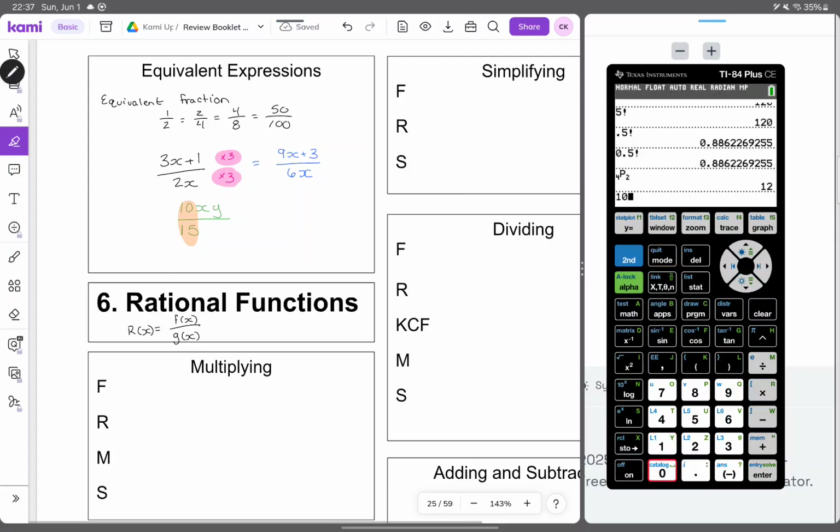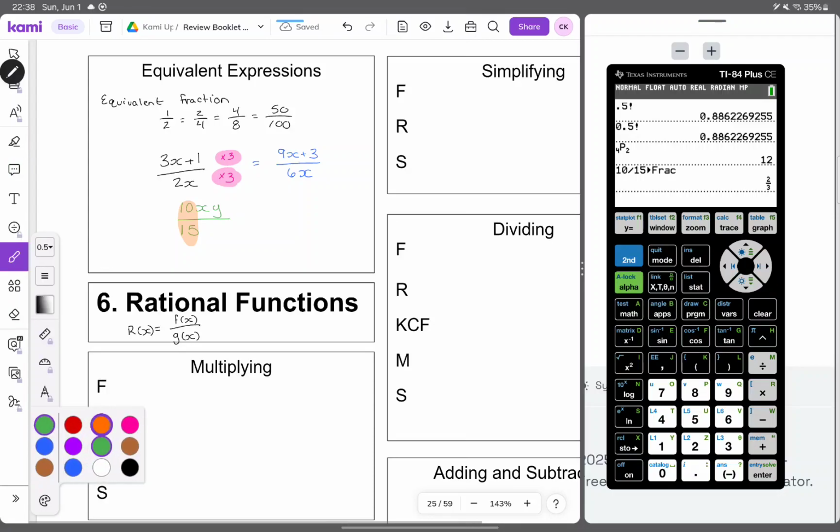So I can go 10 over 15, math frac, and I can see this simplifies down to 2/3. So an equivalent expression to this would be 2xy over 3. So you can get equivalent expressions by either multiplying or by simplifying, depending on your expression.